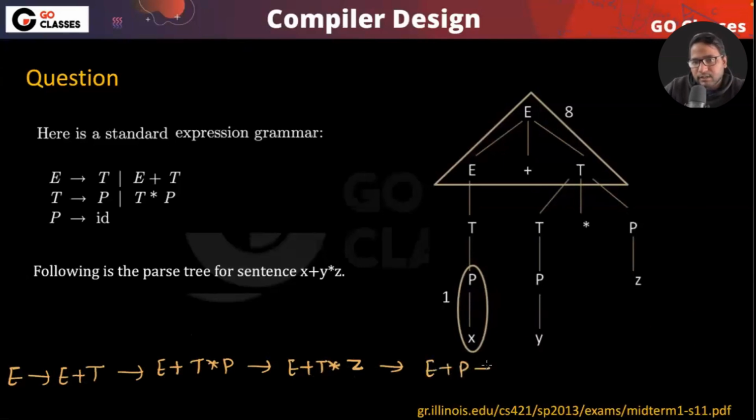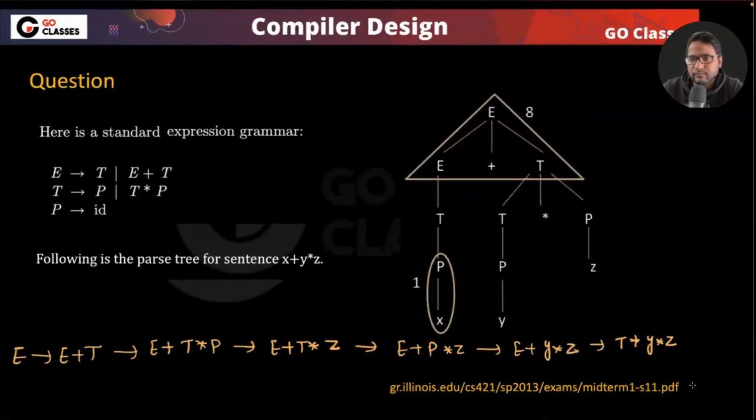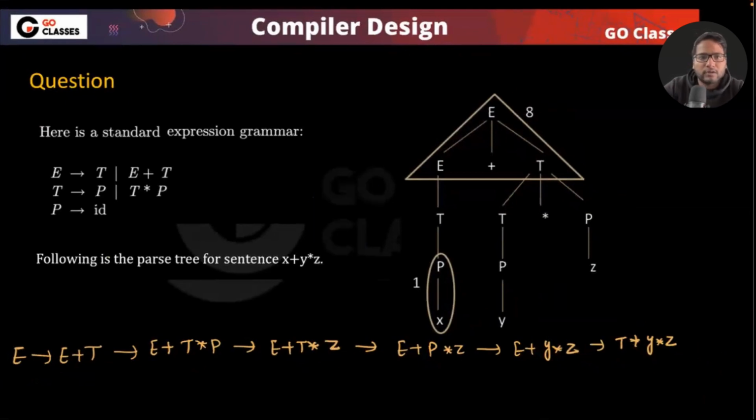E plus P into Z, and then E plus Y into Z. Then this E will go to capital T, and then this capital T will go to P and then X, right? I'm just mimicking what is given to me. I'm not doing anything else. So this capital T will go to P, P plus Y into Z, then X plus Y into Z.